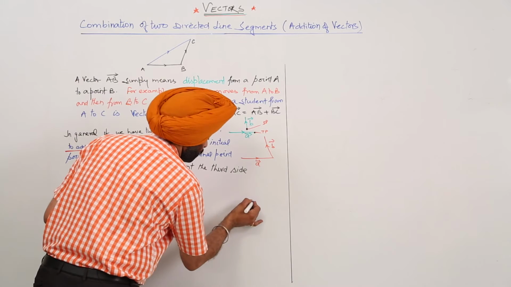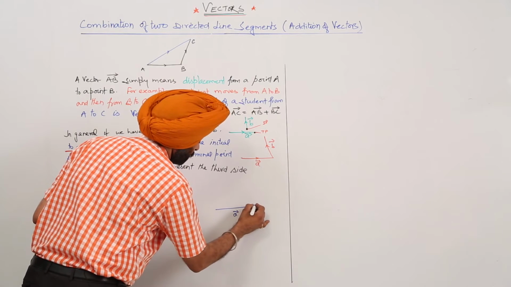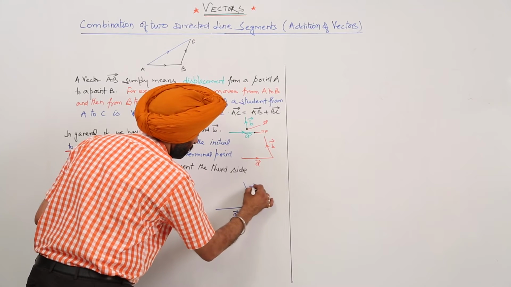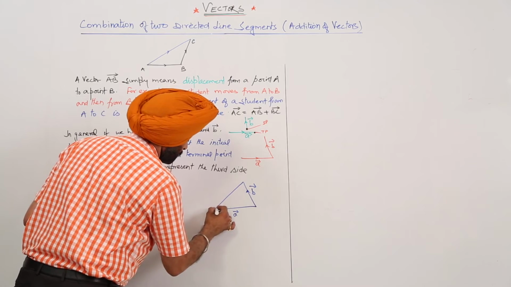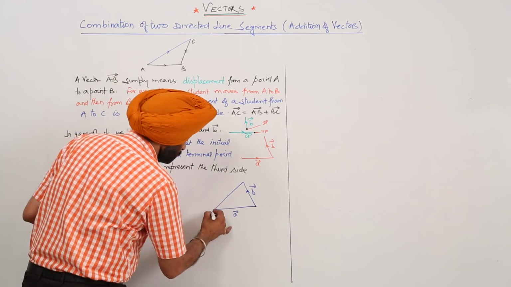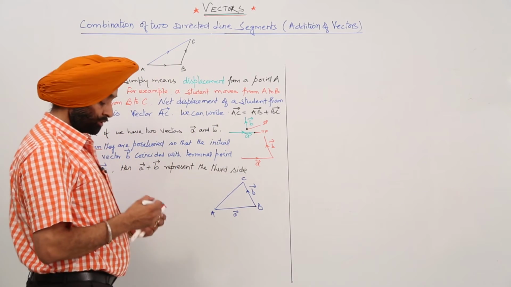If we have vector A, vector B, this is the third side. This side is the third side. Now just labeling it A, B and C.